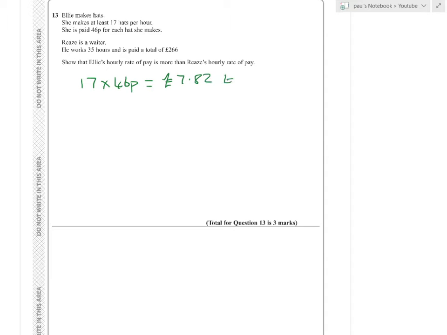That's for Ellie. And Ray's is 266 divided by 35. So 266 divided by 35 equals £7.60. Ellie's hourly rate is more? Yes, it's more.